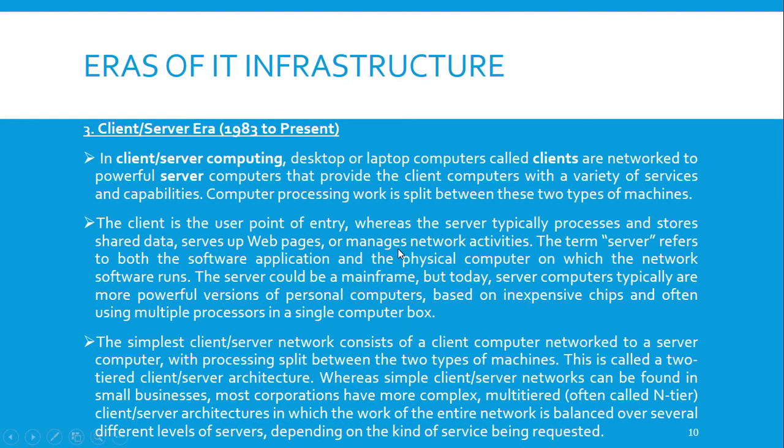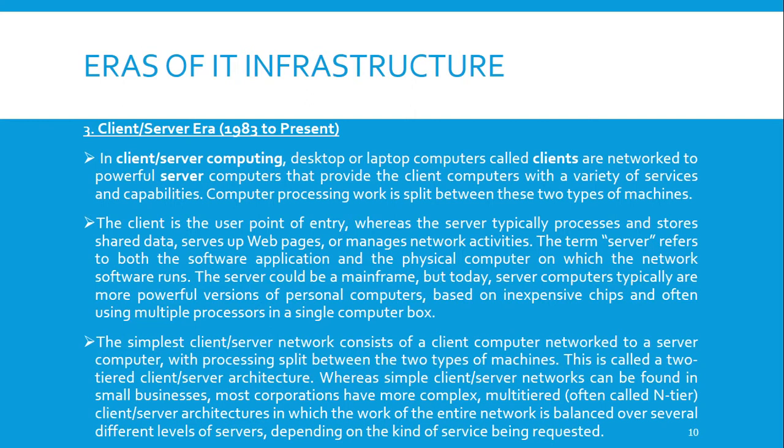The term server refers to both the software application and the physical computer on which this network software runs, right? So server is not only the hardware part of it, but also covers the software component of this client-server architecture. The server could be a mainframe, but today server computers typically are more powerful versions of personal computers based on inexpensive chips and often using multiple processors in a single computer box.